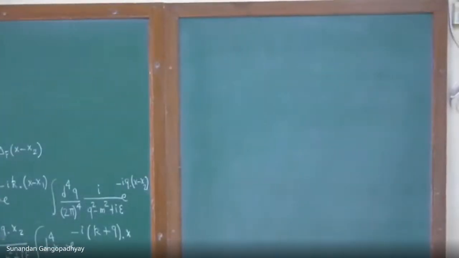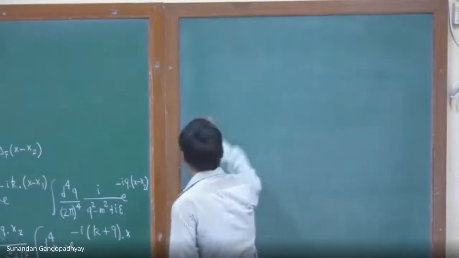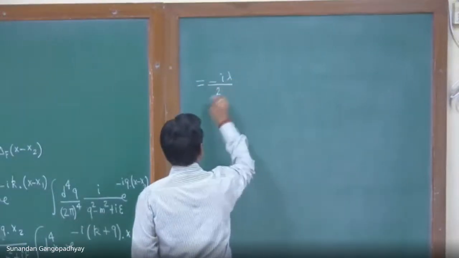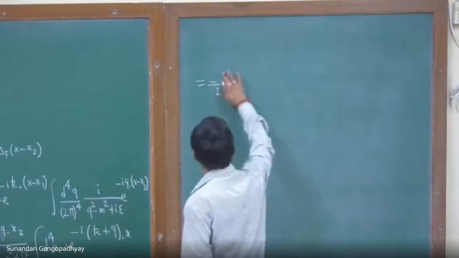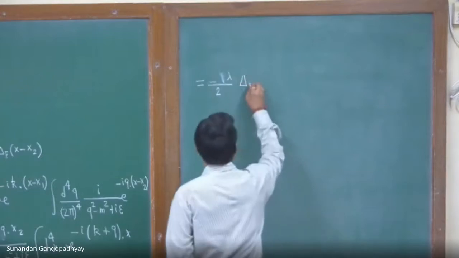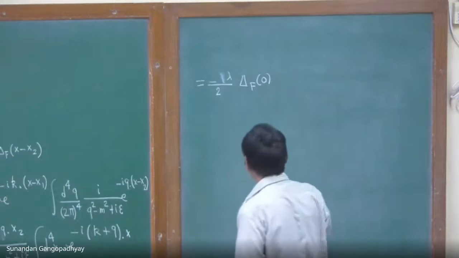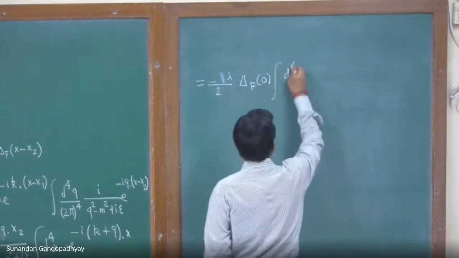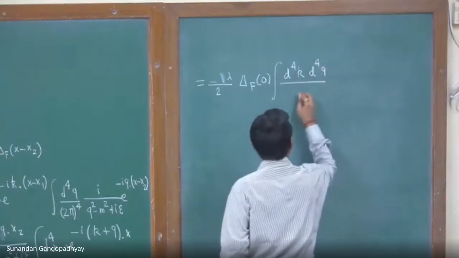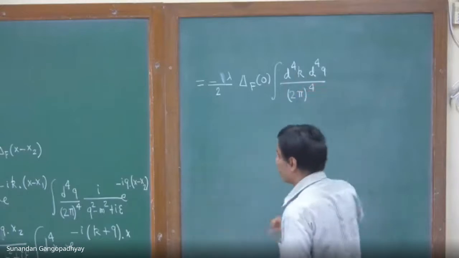If we perform this x integral, that will give us a Dirac delta function times a factor of (2 pi) to the power 4. So we have got rid of these i's now. Before q, we have only a factor of (2 pi) to the power 4 downstairs, but we have a Dirac delta function.